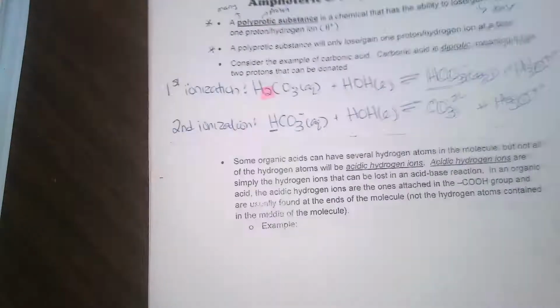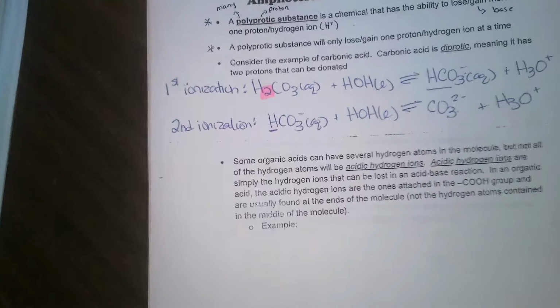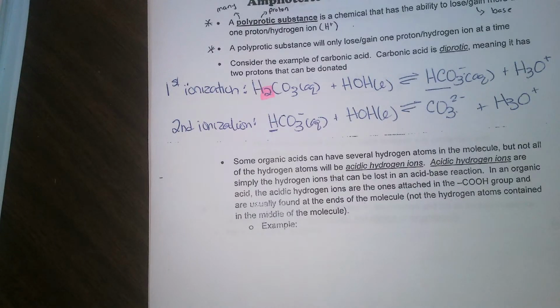Some organic acids have several hydrogen atoms in the molecule, but not all the hydrogen atoms will be acidic. Acidic hydrogen ions are simply the hydrogen ions that can be lost in an acid or base reaction.